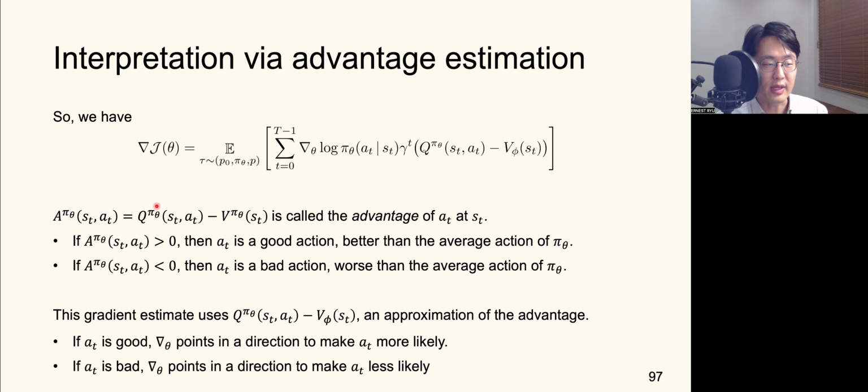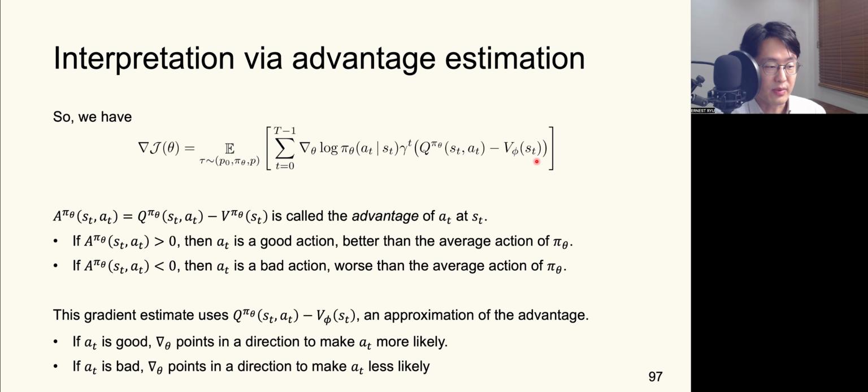Whereas in Q pi theta, at the current state s_t, you force the choice of action a_t and then follow the policy pi theta thereafter. So in order for the advantage to be positive, this action that you choose must be better than the average action chosen by the policy pi theta. On the other hand, if the advantage is negative, then the action a_t is a bad action. It's worse than the average action that the policy pi theta would have chosen.